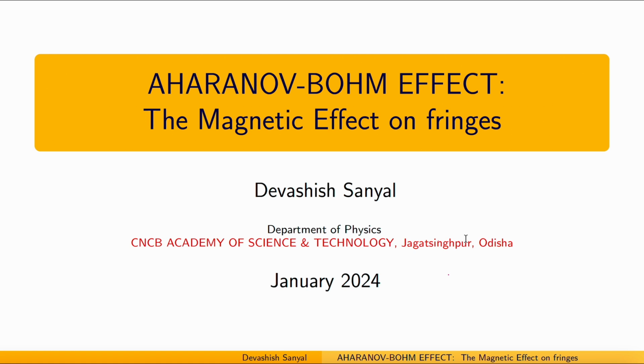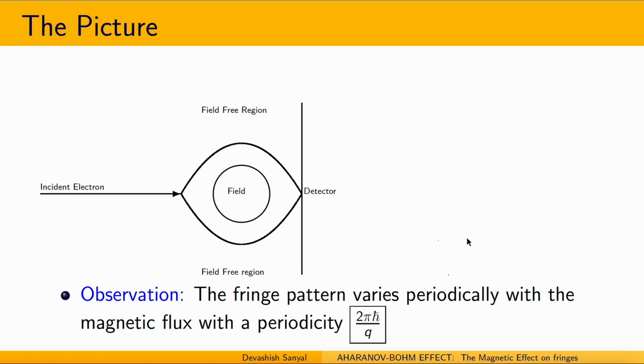So what is the picture? The picture is something like this. What we have here is a bunch of electrons incident from the left hand side. We are considering one electron that is coming from the left hand side, and this part is the part where we have magnetic field, but outside this part there is no magnetic field.